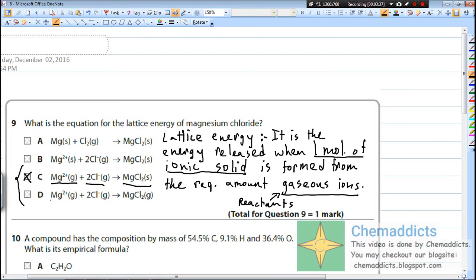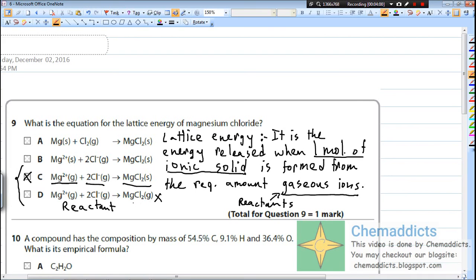If we have a look at D, these reactants are gaseous, that's fine, but the product is not solid, so this becomes invalid.